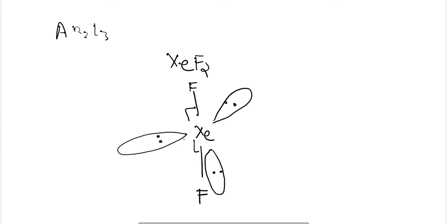And this type of structure is termed linear geometry. Okay, so here the molecule has linear geometry only, but due to the presence of lone pairs, the fluorines have been shifted vertically to the above and below positions. AB2L3 is the structure.